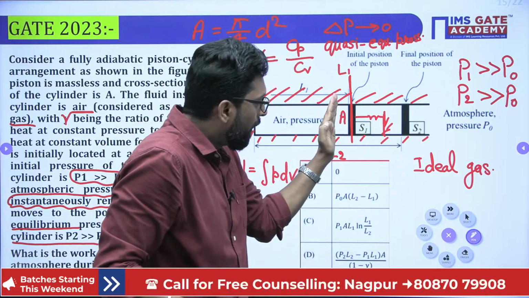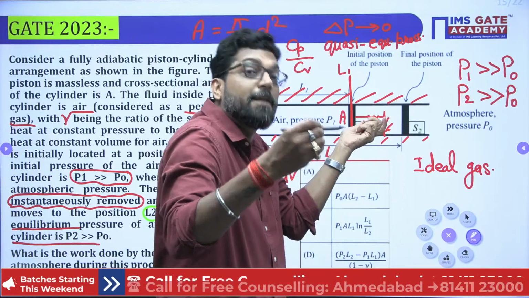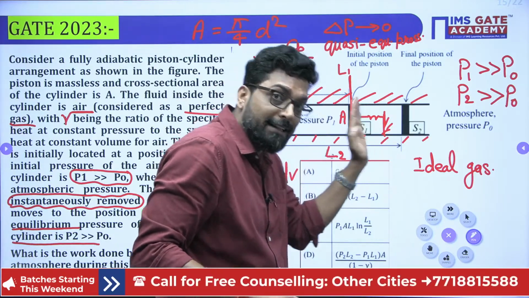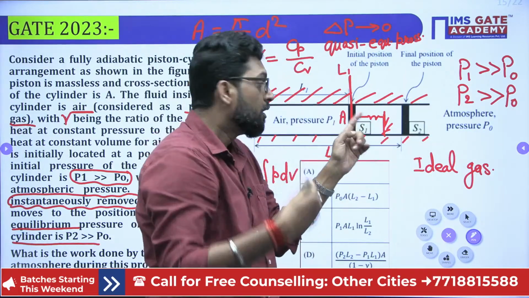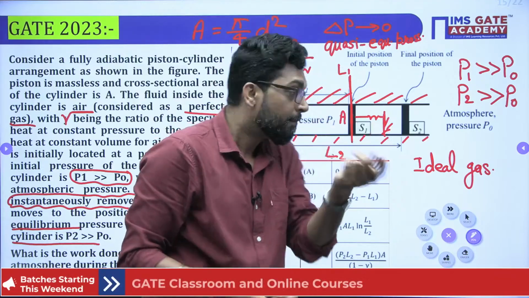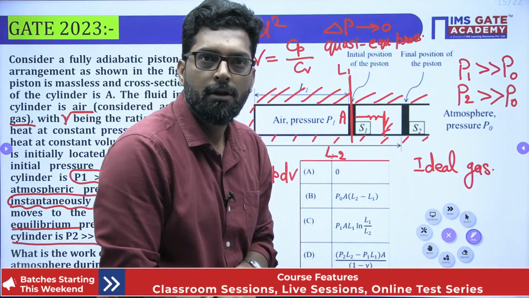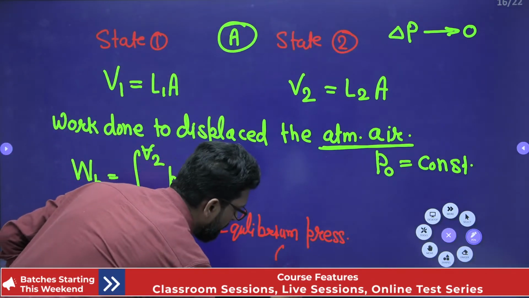Because during the movement of this piston, the outside resistance pressure would change continuously with a spring: the more the spring compresses, the more force develops. So the outside resistance pressure would vary. But in this condition there is no spring, so the outside pressure is constant. So that equilibrium pressure is the atmospheric pressure. Very important: P naught.